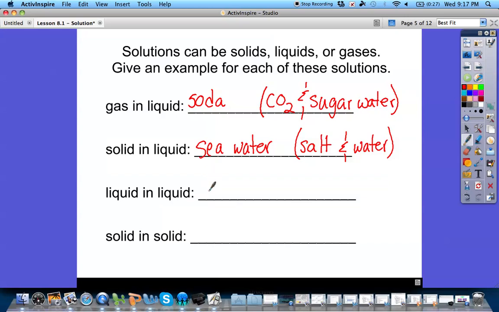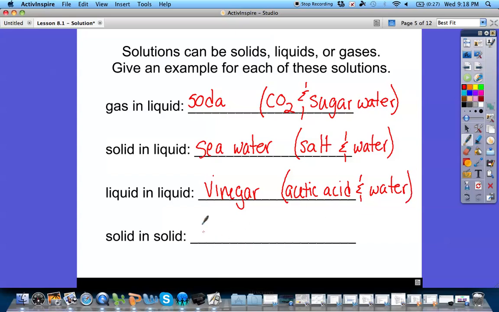I think that this is one that seems to be a little bit harder for me to think of examples for. But vinegar, the smell of vinegar is responsible for it is acetic acid. And it is dissolved in water.